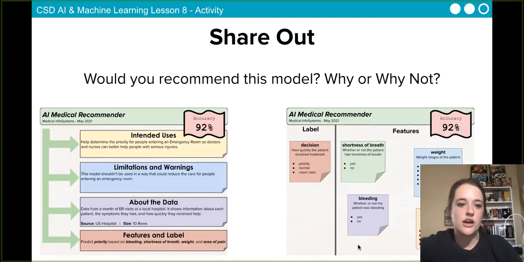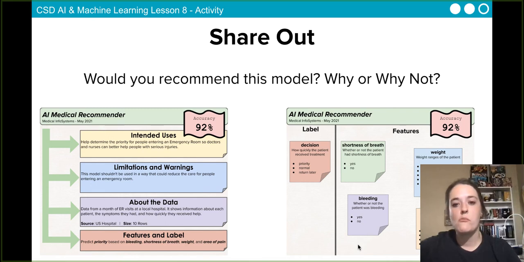And then our third model, AI Medical Recommender. The source is a U.S. hospital. The size of the data is 10 rows. It is going to recommend with 92-ish% accuracy based on those features.